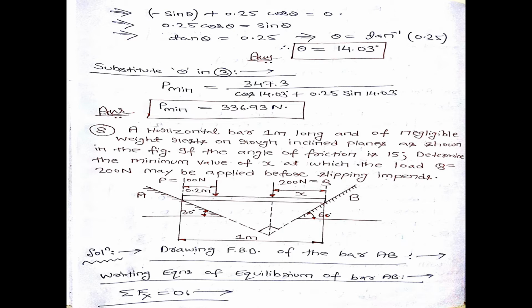You need to find out that value of x. That means x will be at how much distance from end B so that the entire system will be in dynamic condition. This is what you have to find out in this problem, that is the value of x. Is it clear? Did you understand the problem?